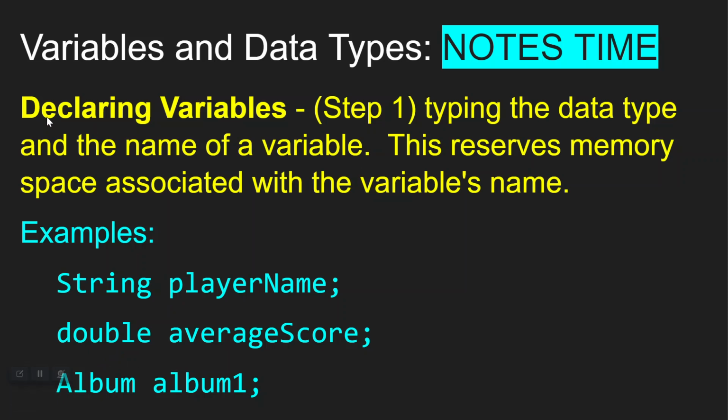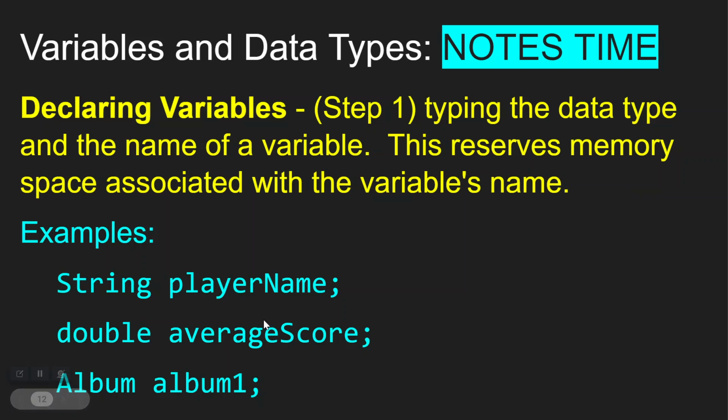So what happens when you declare a variable? This reserves memory space associated with the variable's name. So as soon as you type in String playerName, it reserves an area in memory, and playerName is now basically connected with that, or it's associated with that area in memory.